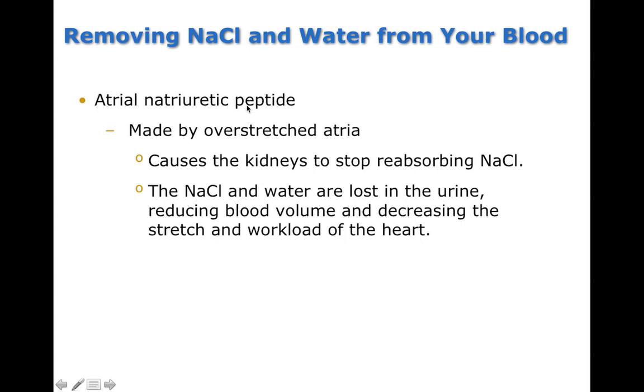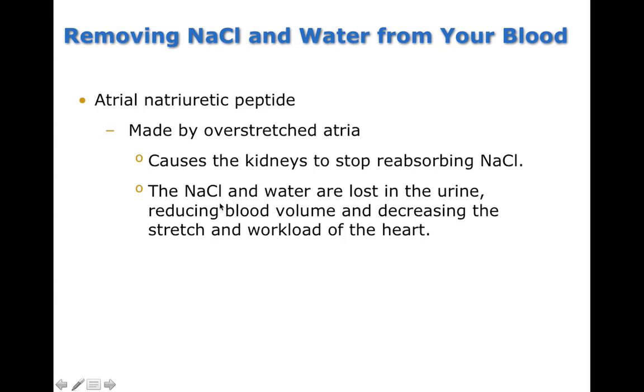Atrial natriuretic peptide is actually released by the atria of your heart, which is kind of interesting. It's made in response to overstretched atria, and this would correlate with high blood pressure or high blood volume. Once it's released by your heart, it causes the kidneys to stop reabsorbing sodium and chloride, so that more sodium and chloride are lost into the urine.